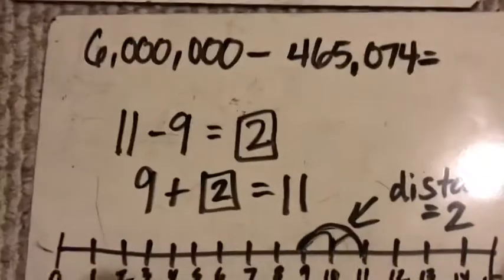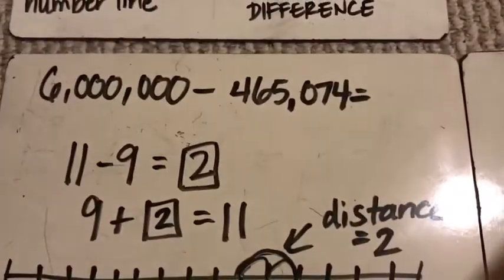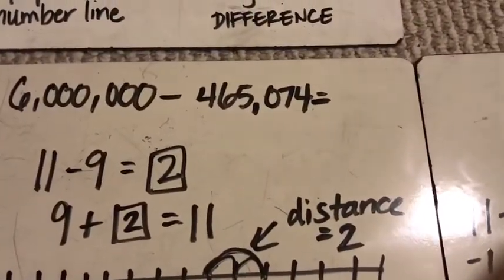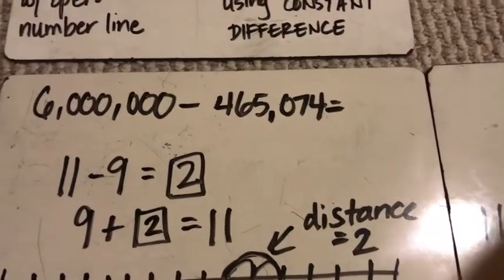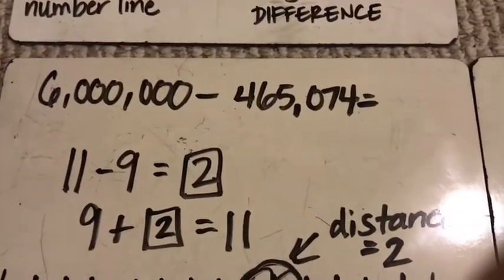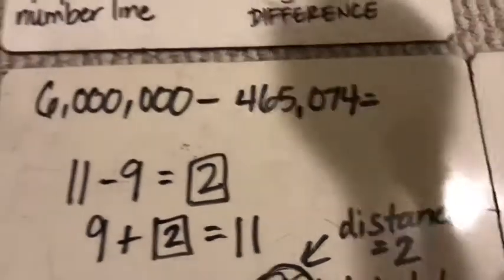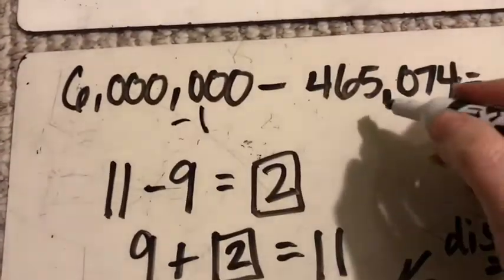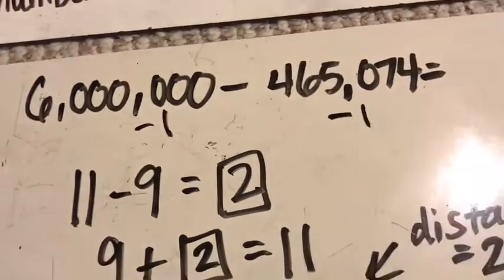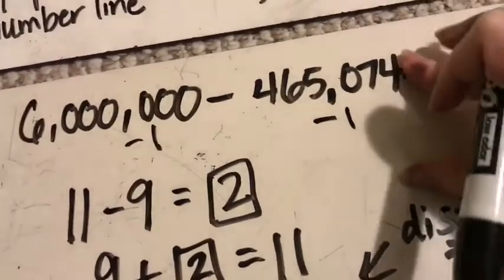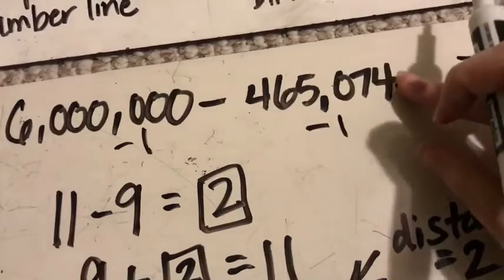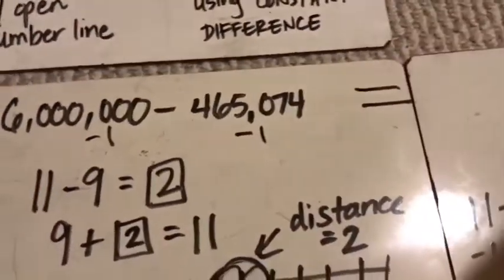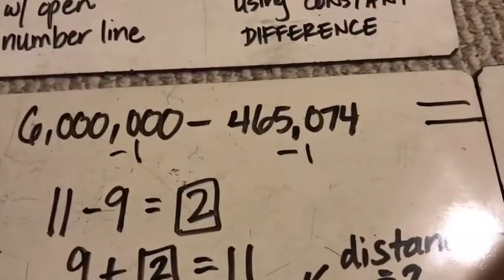So say I'm taking this big problem like 6 million minus 465,074. Well, who wants to deal with all those zeros? Nobody does. But guess what? If I took 1 away from that number and I took 1 away from that number, I can create an equivalent problem that would have the same space between those two numbers.